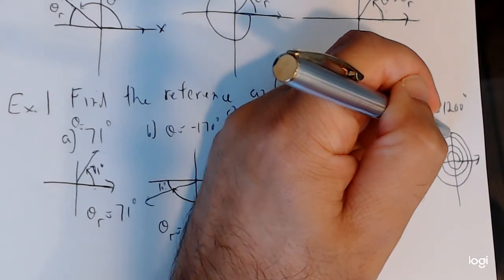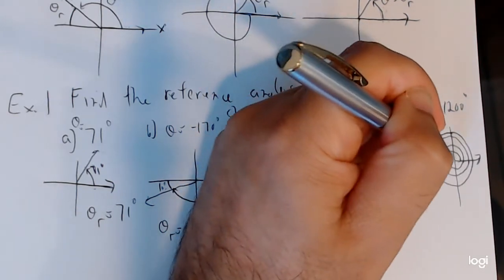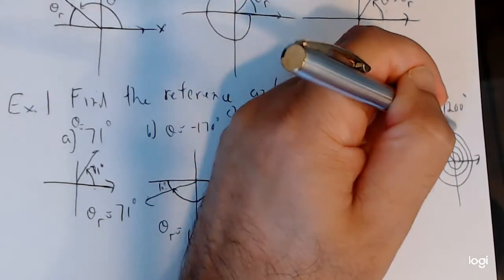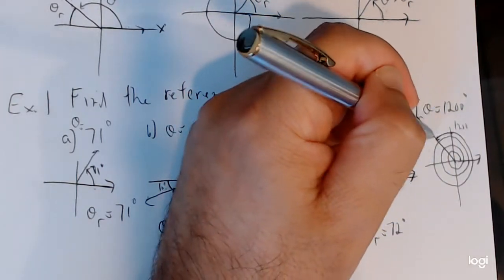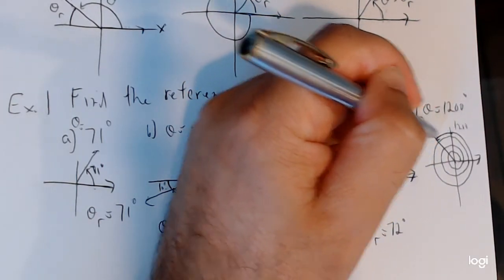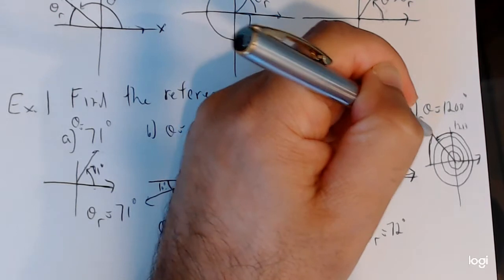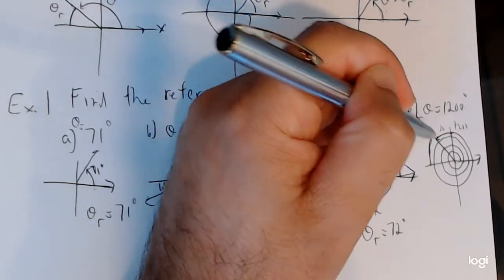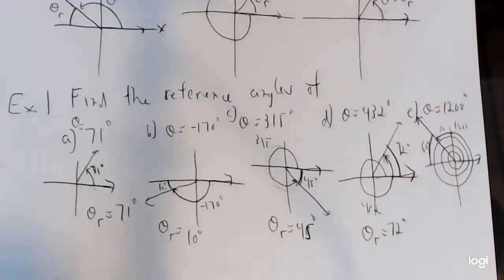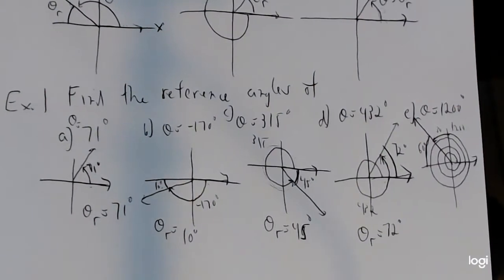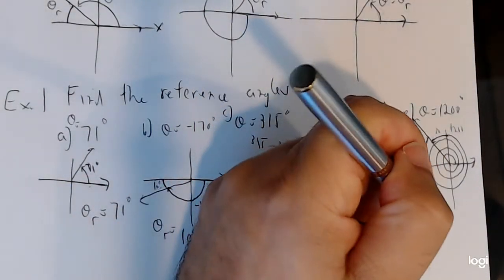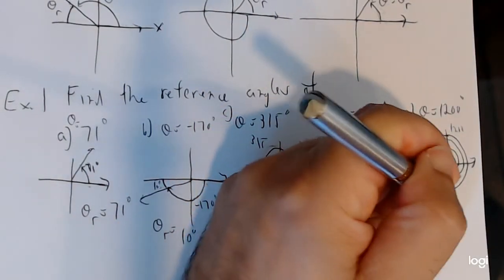And then I need to go 30 more, which puts me there. So that's 1200. Notice how I said this was 30 more. So this is my reference angle. If this was 30 more, then this is 60. So my reference angle here would be 60 degrees.